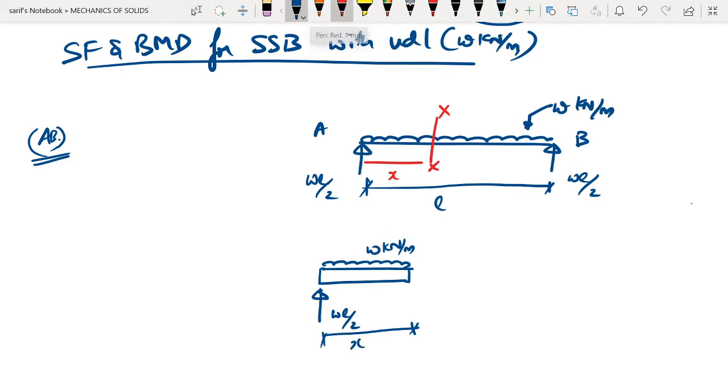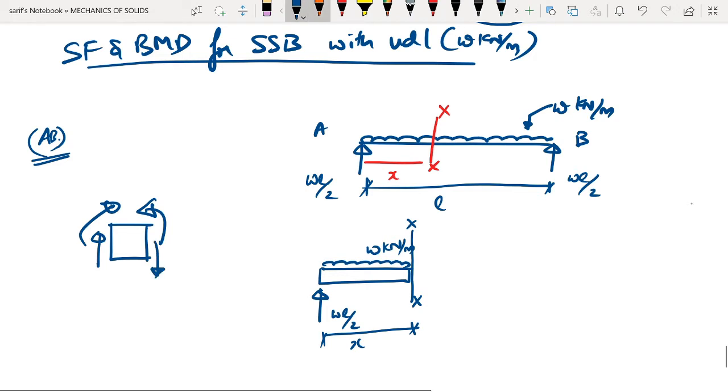Again, at the section X we have to draw the shear force and bending moment. Shear force as well as bending moment has to be drawn at this particular section X for equilibrium, and they have to follow the positive direction. So how do we draw the positive direction? So this is the sign convention for the positive directions of shear force and bending moment.